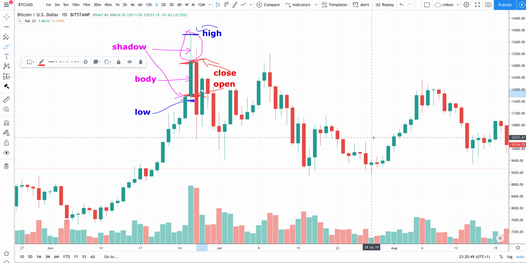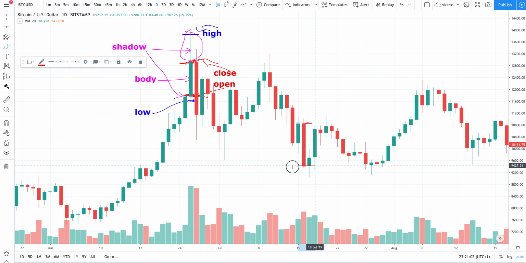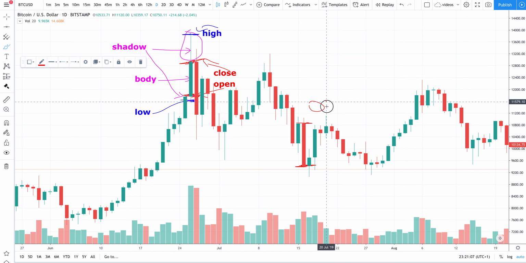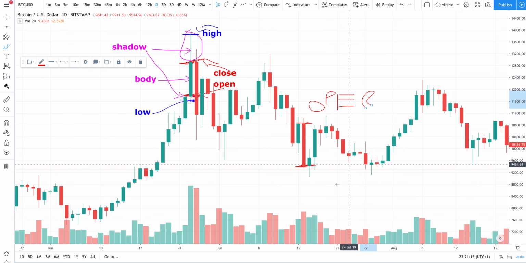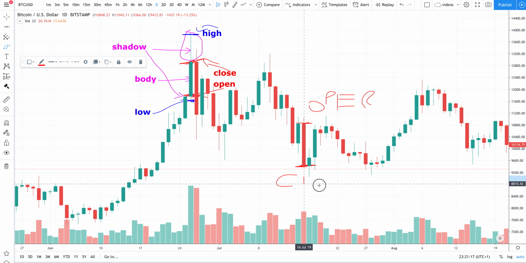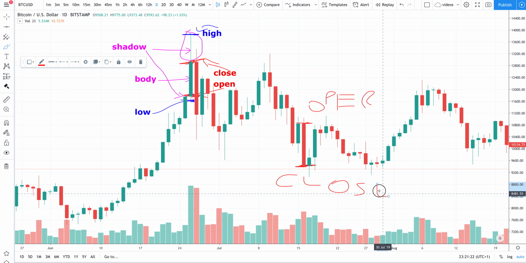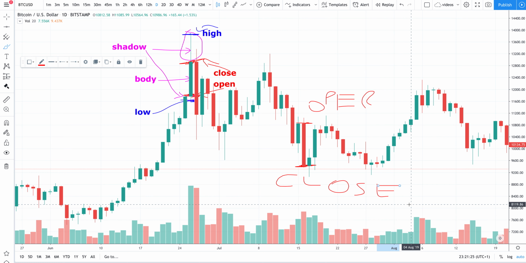If we check a red candle instead, the open and close price positions are vice versa. This is the open price of the red candle, this is the close price. Okay, so the open is upper and the close is down. Okay, this is because in this candle the price retraced.